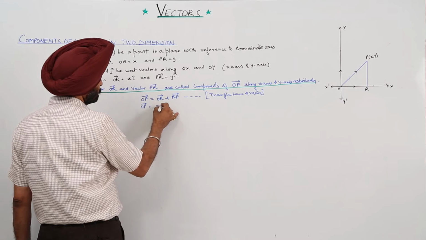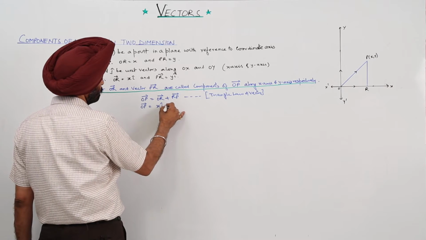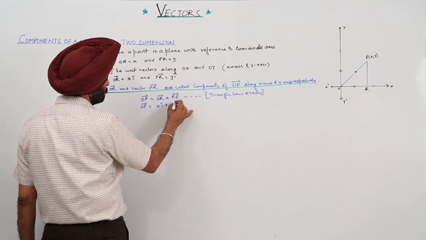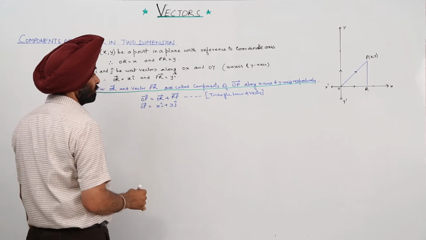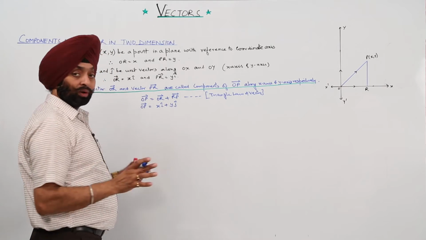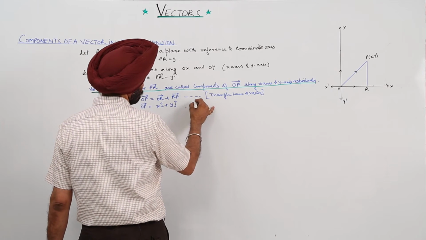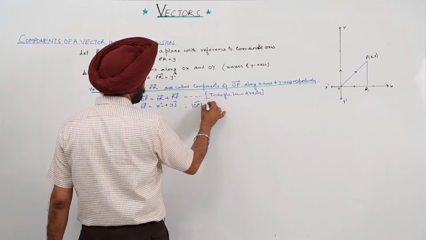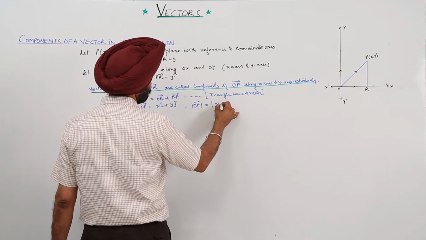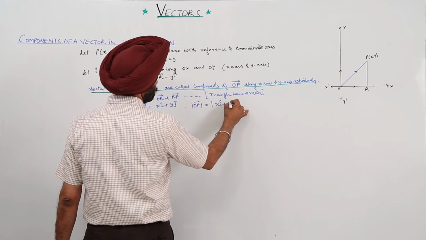Vector OP is equal to x i cap plus y j cap, or the length of OP is equal to the length of x i cap plus y j cap.